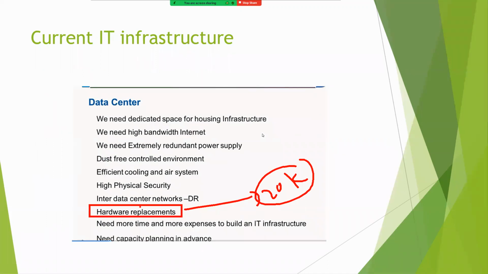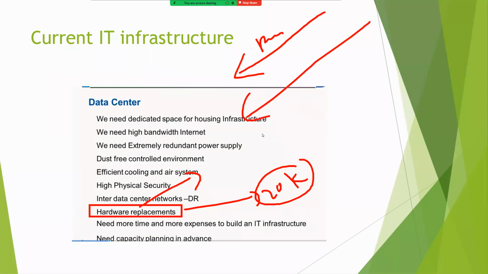Why do we have to replace the hardware? As you know already, every day one new technology is coming to the market, and a lot of upgrades every week. Next, new software upgrades are going on in the market. To support the new versions of software, to support upgraded software, we should upgrade our hardware devices as well.